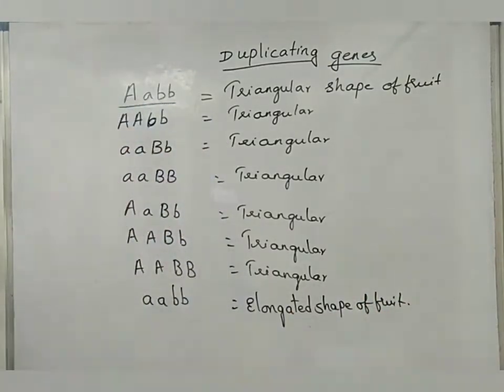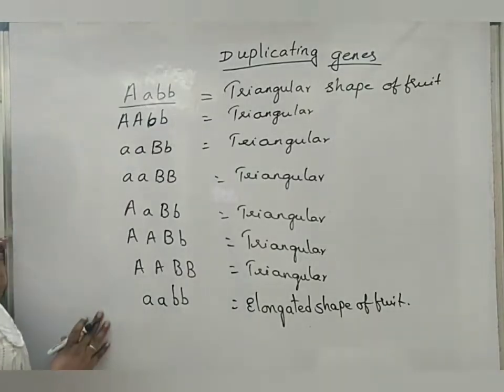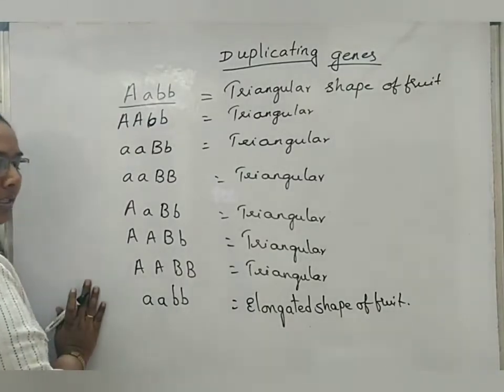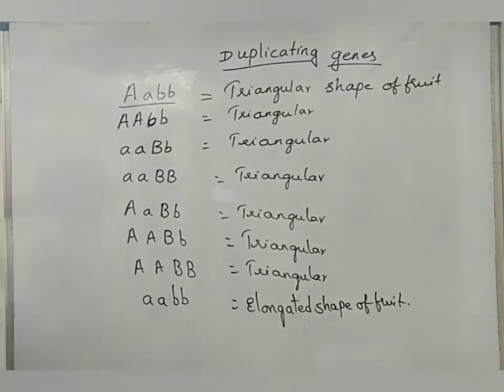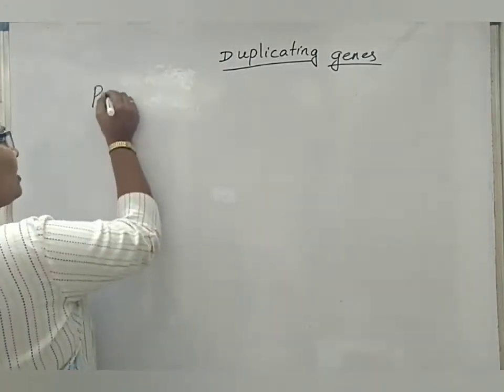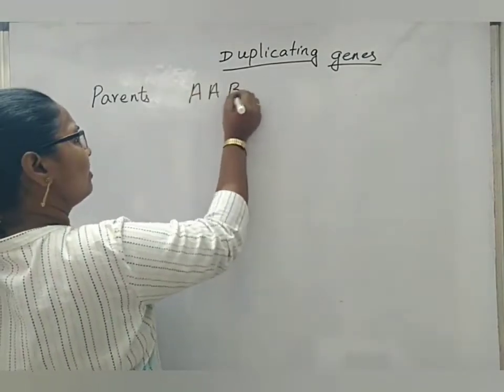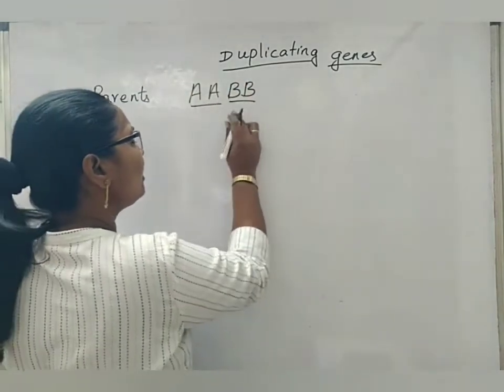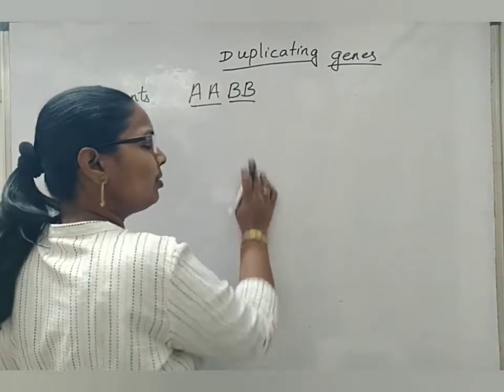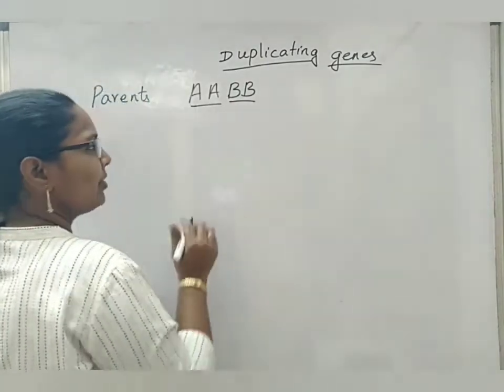Let's take the parental combinations which are responsible for such types of allele pairs, and we will represent that in a Punnett square and see what will be the result. If you take parents having both dominant allele pairs, these are responsible only for one type of shape of the fruit.